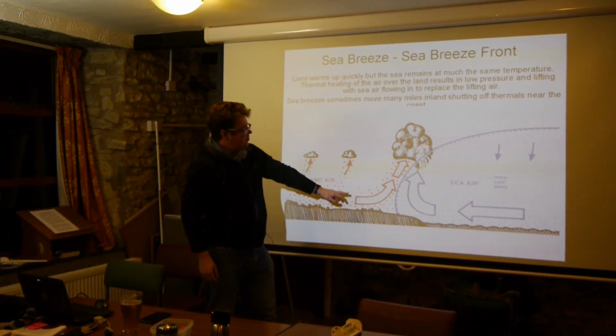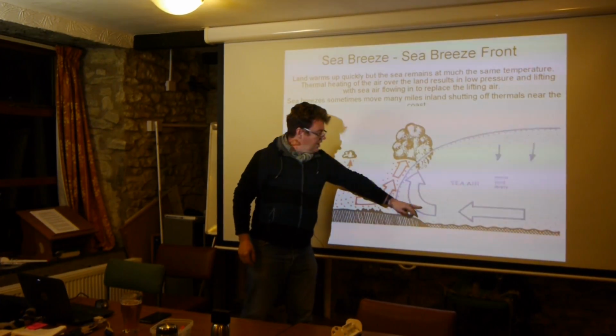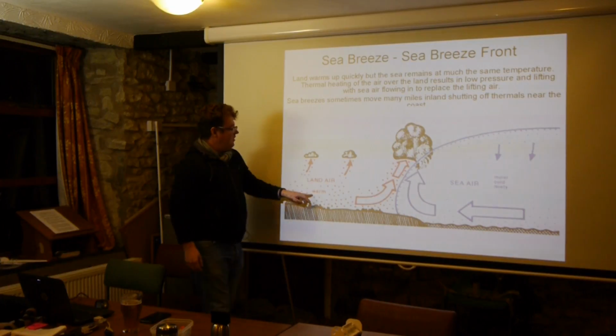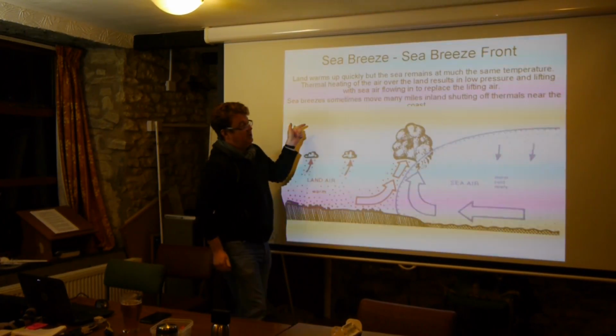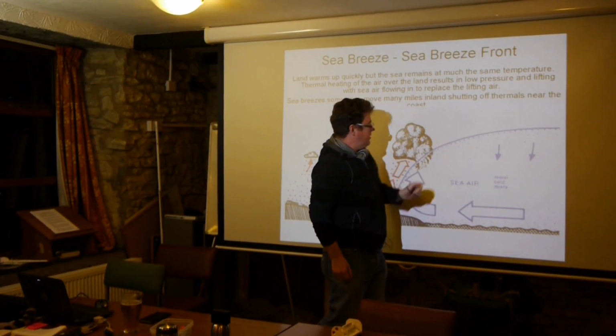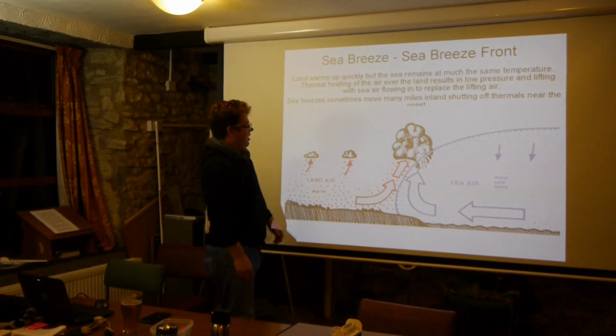The part of the circulation where the air is pushing along the surface from the sea and then over the land is called the sea breeze. There's a returning sea breeze that occurs above it, the return part of the circulation.